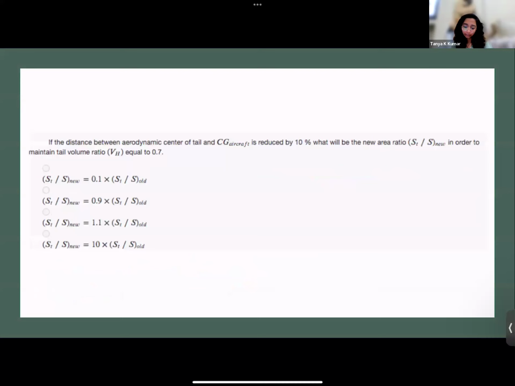Correct. Then if the distance between the aerodynamic center of the tail and CG of the aircraft, same LT, so this again is LT, is reduced by 10%, what will be the new area ratio ST upon S in order to maintain the same weight?